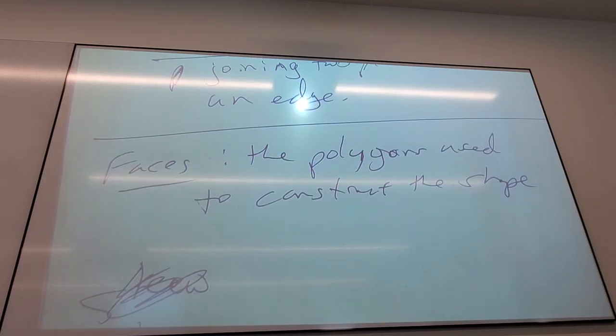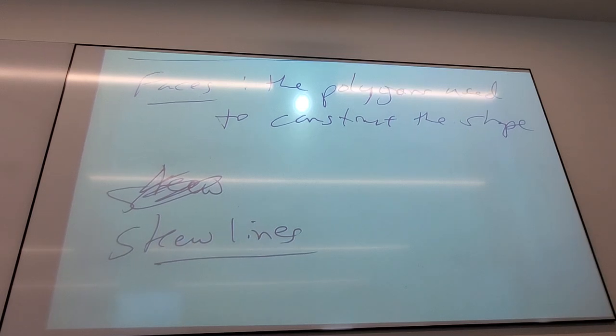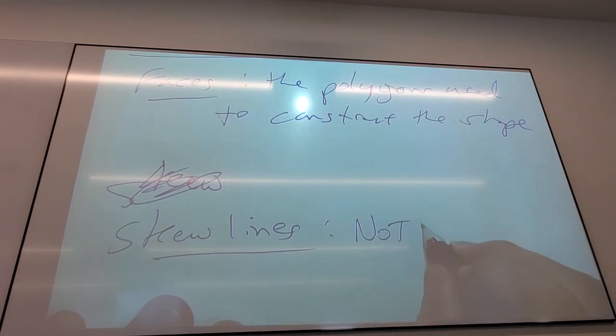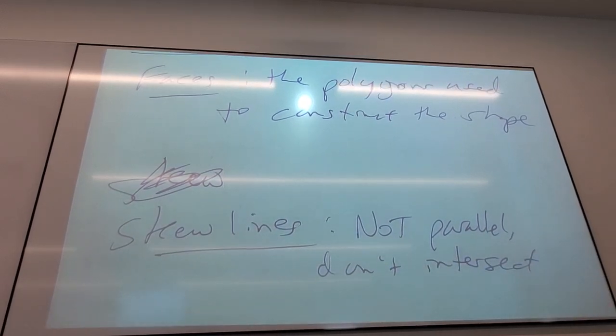Skew lines can only occur in more than 2 dimensions. So for the purposes of this class, we'll say skew lines can only occur in 3 dimensions. Not parallel, don't intersect. That's skew lines.